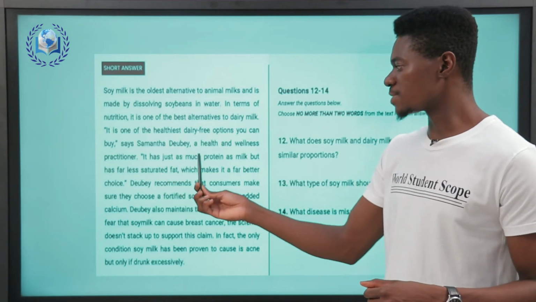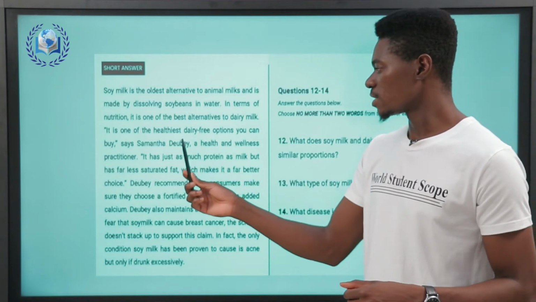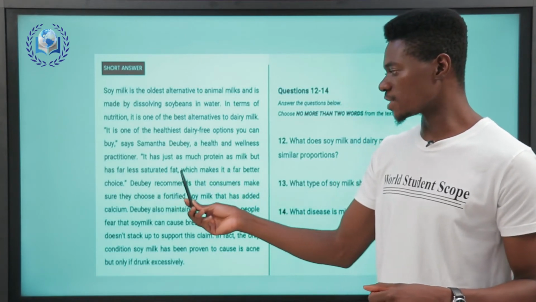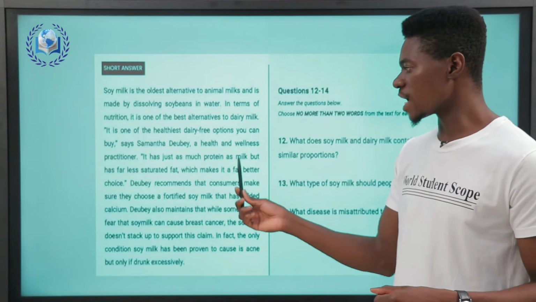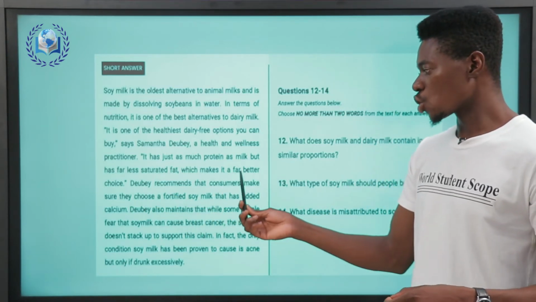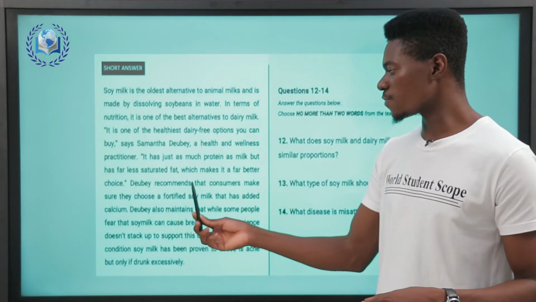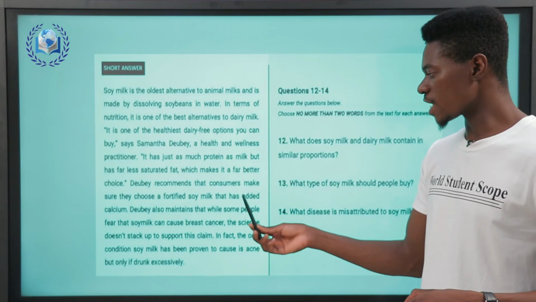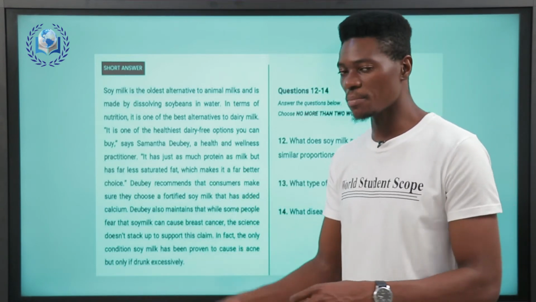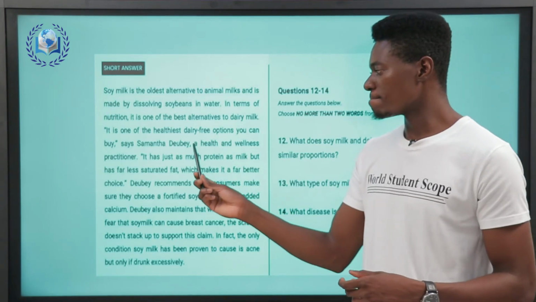It has just as much protein as milk, but has far less saturated fat, which makes it a far better choice. Debray recommends that consumers make sure they choose a fortified soy milk that has added calcium. Okay? So the trick is here.